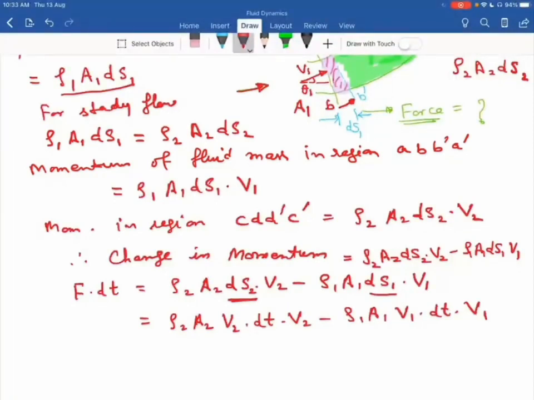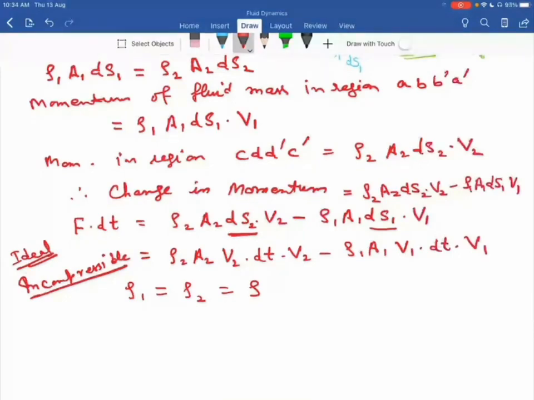Okay? Now, if the fluid is incompressible, I put one more assumption here. Fluid is incompressible और ideal भी है fluid तभी आप कह सकते हो क्योंकि हम viscous force consider नहीं कर रहे और incompressible भी अगर आपके पास fluid है तो क्या होगा rho 1 density equal to rho 2 equal to rho. ठीक है तो अब इस इक्वेशन को अगर आप दोबारा देखो so your dt term cancels out.